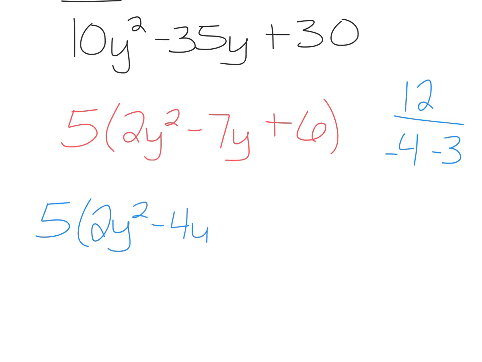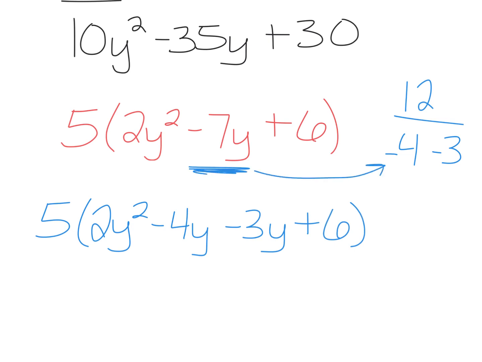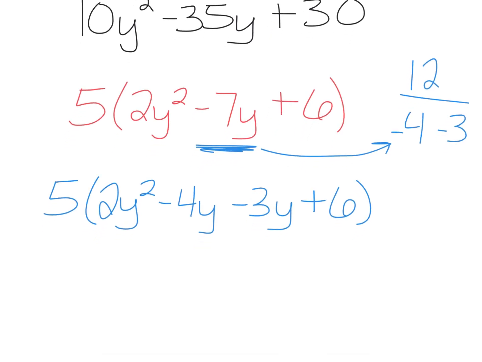Minus 4y minus 3y plus 6. So that step, I just replaced my -7y with my two new factors. Okay? If you happen to put 3 first and 4 last, you should still get the same thing. Okay? What do we do next?